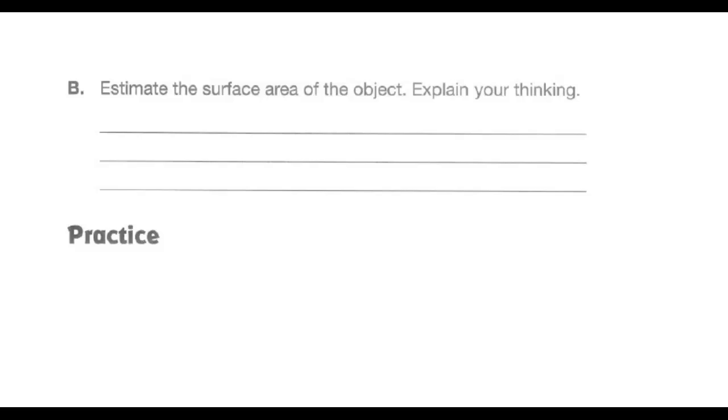It depends, because a pop can kind of moves in at the top. Probably if we went straight up, it would be about 3. So diameter would be 3 inches. Height would be 1, 2, 3, 4, maybe 6.